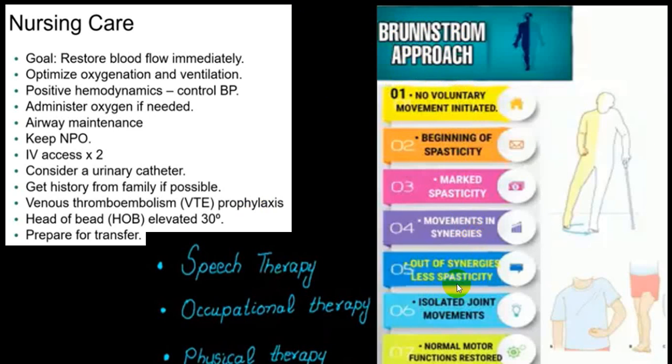Out of synergies, less spasticity, isolated joint movements, and then you will get normal motor function restored. And depending upon that, you will be planned for physiotherapy and occupational therapy. That will be done during the recovery phase. And you can also go for speech therapy if the person has developed aphasia.